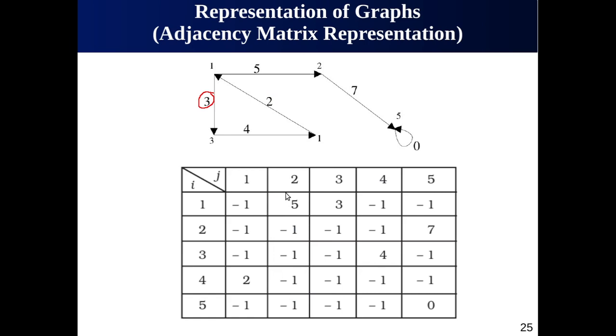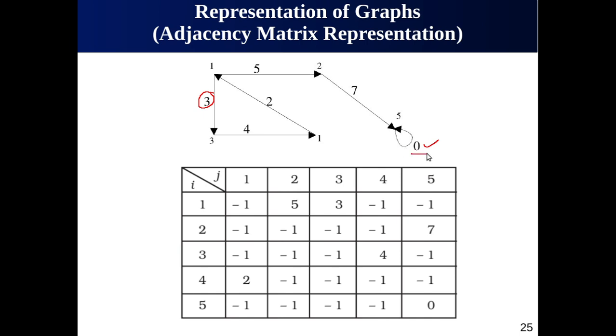And also, sometimes the given cost is 0, although logically that is not true. But if you have a cost which is 0, then in that case you will get a problem, and the problem is whether this 0 is the cost, or this 0 means that there is no connection between the two nodes.